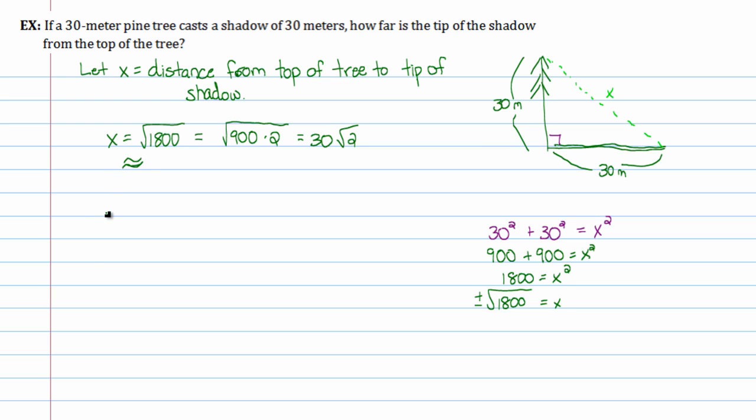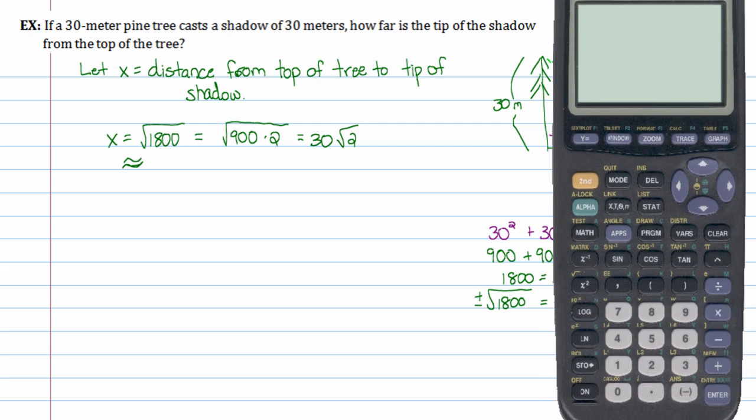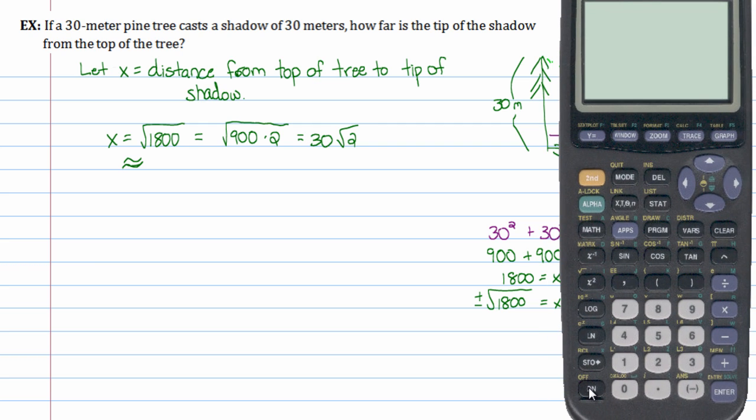So if you do that, you slide on over a handy calculator, and I'll say 30 times the square root of 2. That's 42.4 meters, roughly, rounded to the nearest tenth.